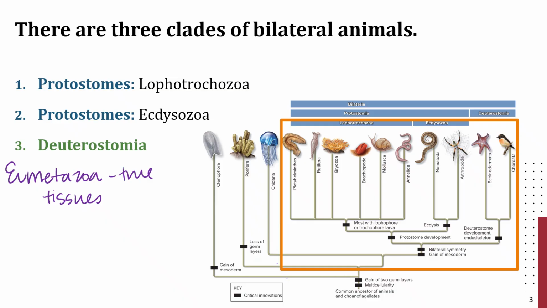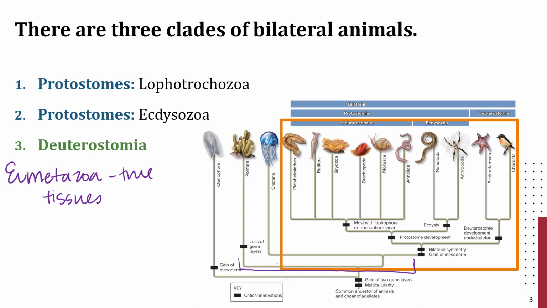So Eumetazoa technically contains also the Porifera and the Cnidaria. We're going to focus on the even more complex organisms in the Eumetazoa that have more organized tissue, more complex development, etc.